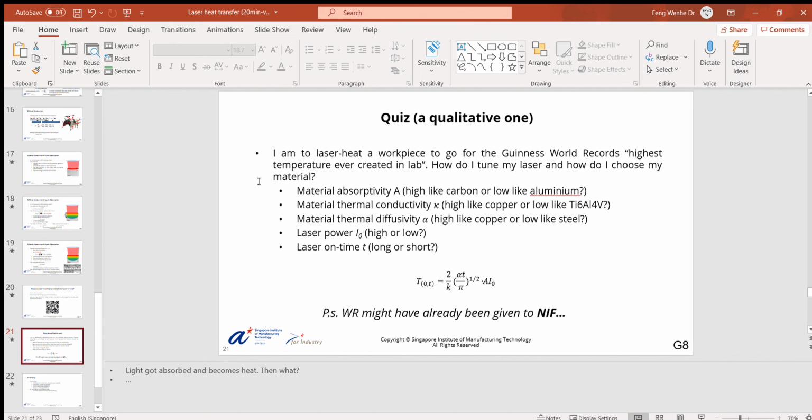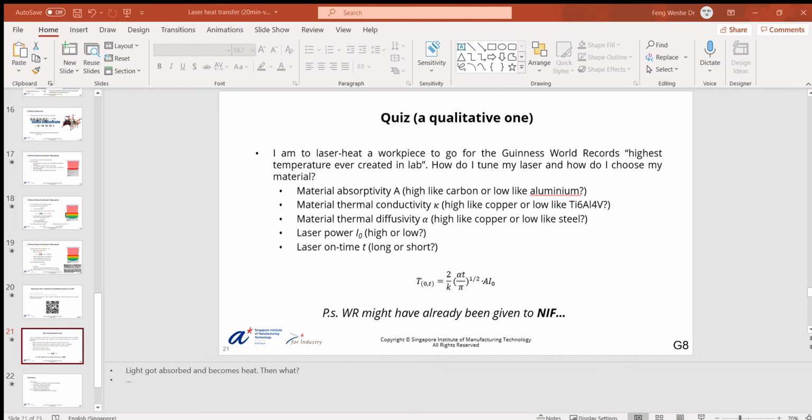So basically, let's do a qualitative quiz. Say if I am to laser heat a workpiece to go for the Guinness World Records, the highest temperature ever created in the lab. So how do I tune my laser and how do I choose my material? So material absorptivity, do I choose high one or low one?